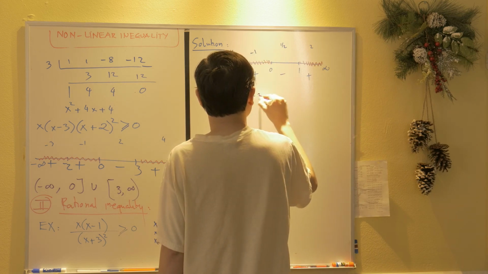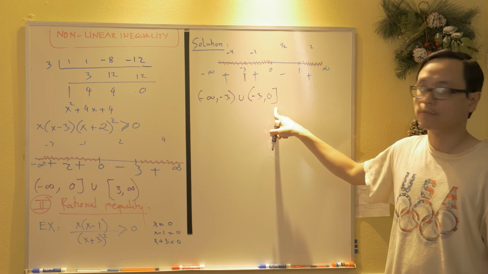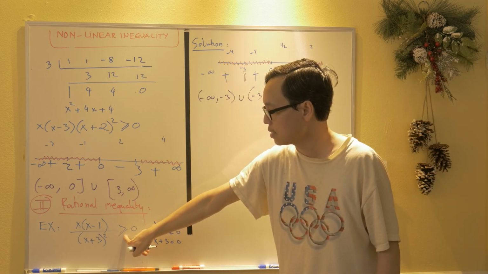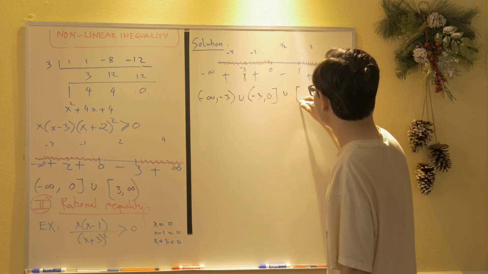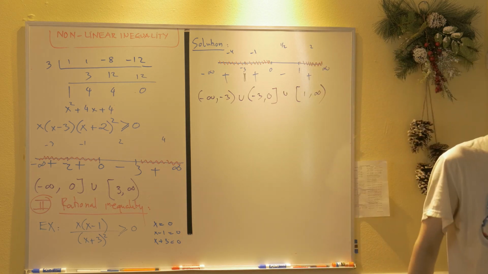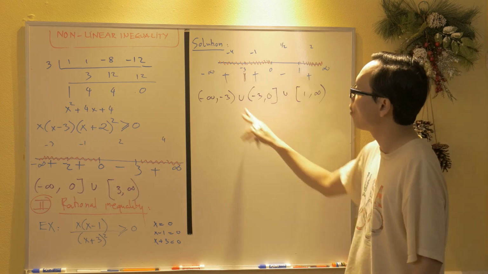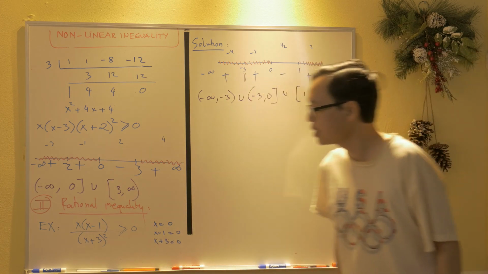You have negative 3 to 0 bracket, you have to use a bracket for 0 because this is greater than or equal. Union with, bracket, 1 infinity, parenthesis. Okay, so that is the interval notation solution for this rational inequality.